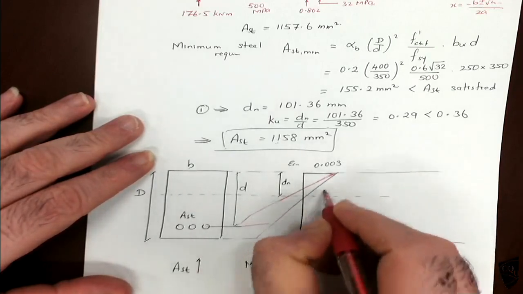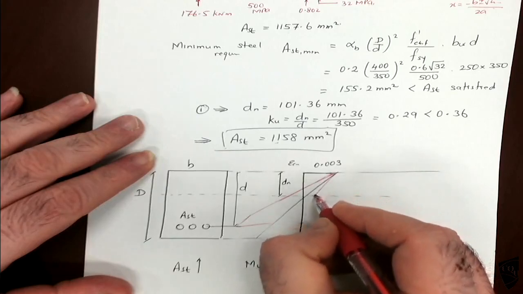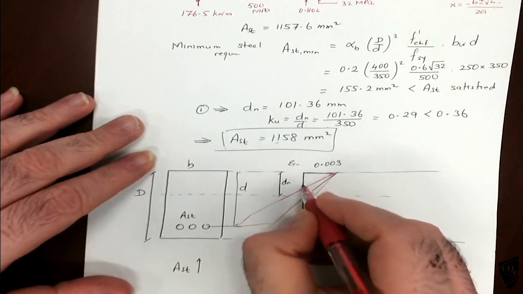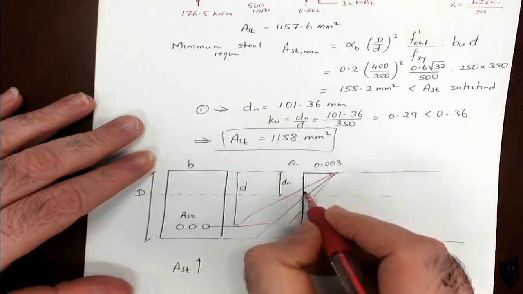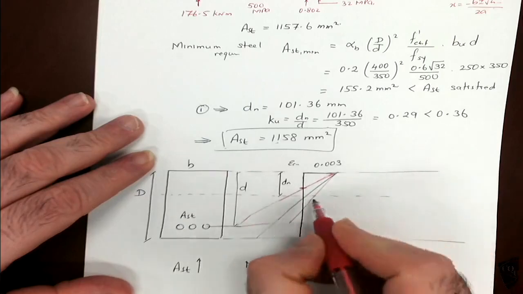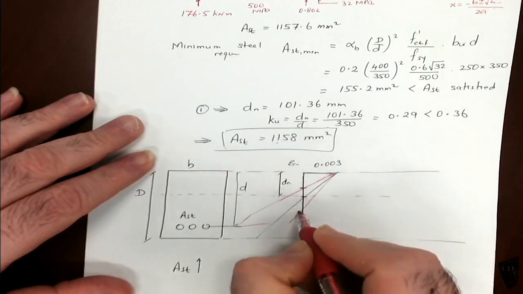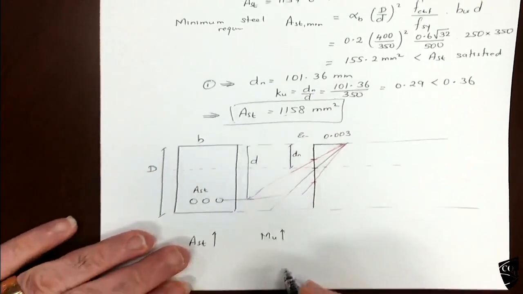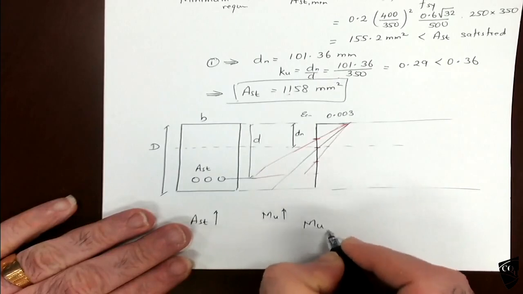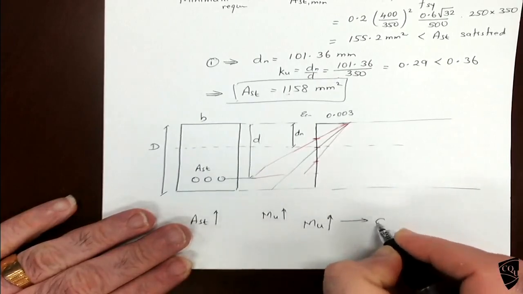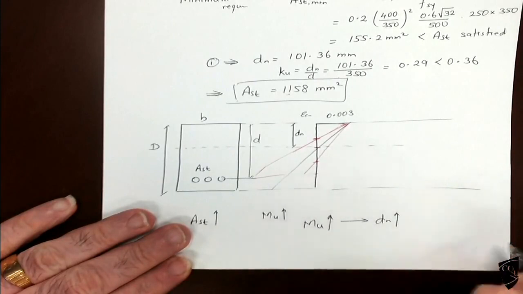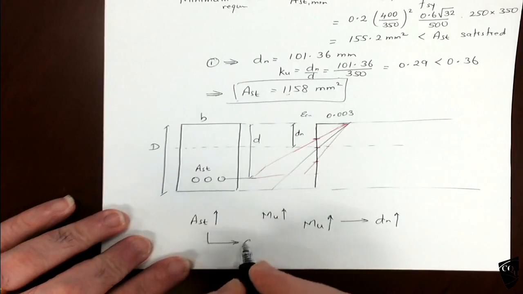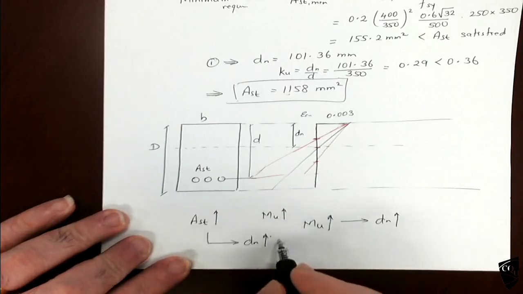So as we increase the moments, it will go like this. So the dn will increase. Earlier with the smaller moment, dn is here, then it will increase like this. So when you increase the moment, dn will increase. Or AST, when you increase the AST, dn will increase, and that will increase the moment.